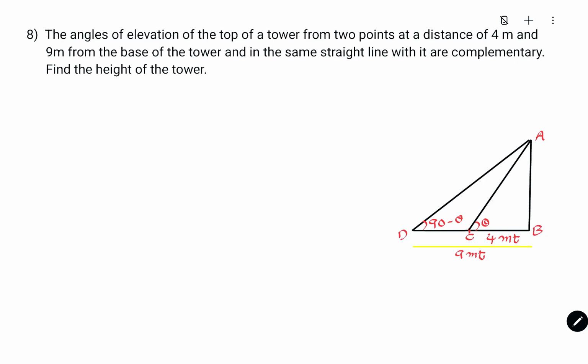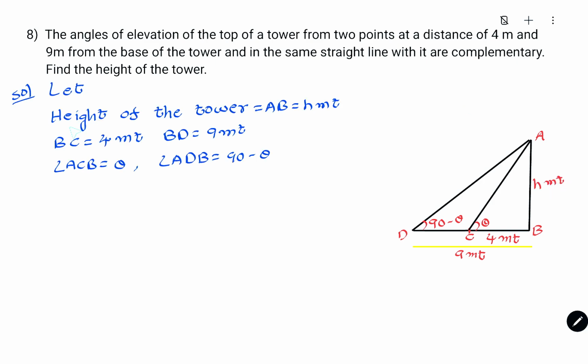Now write the given data. Let the height of the tower AB be h meters, BC is equal to 4 meters, BD is equal to 9 meters. Angle ACB is equal to theta, angle ADB is equal to 90 minus theta.